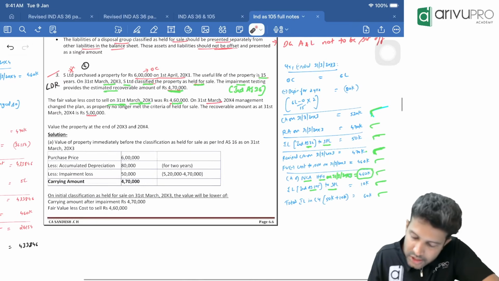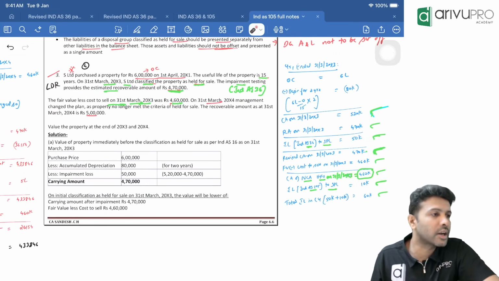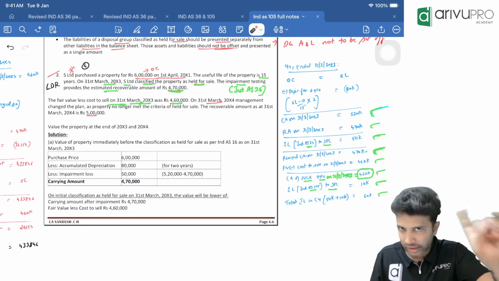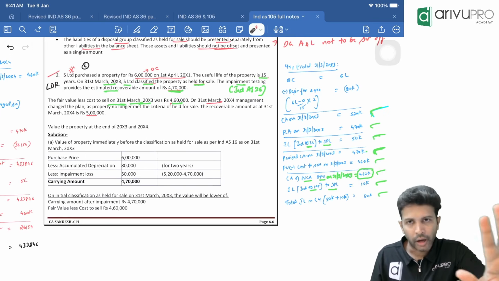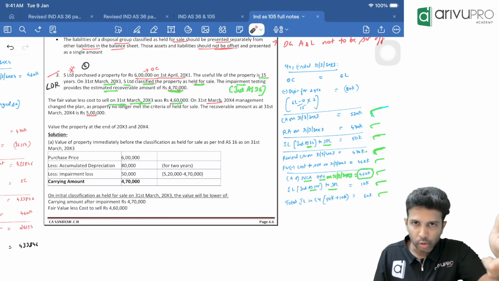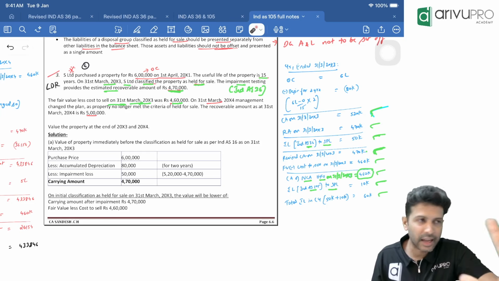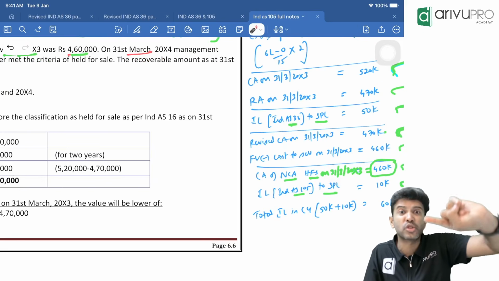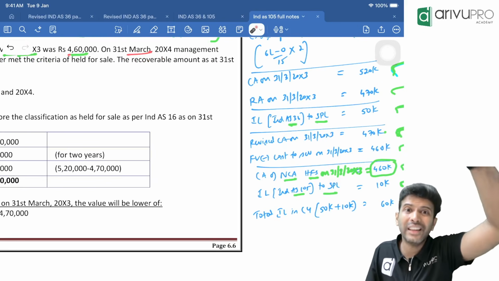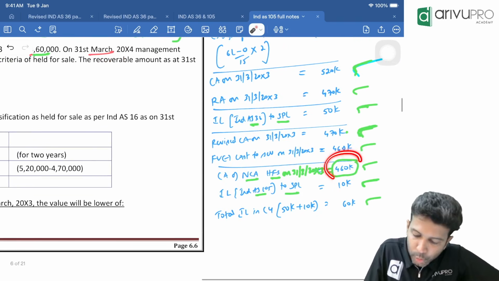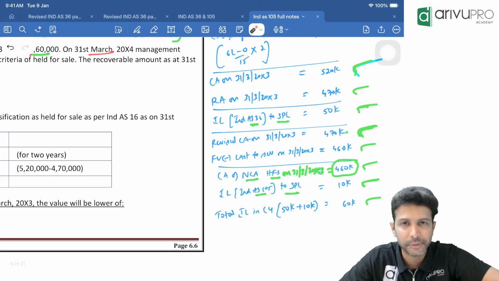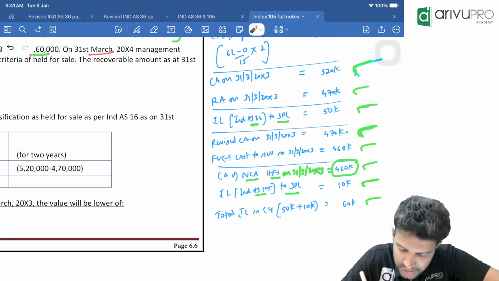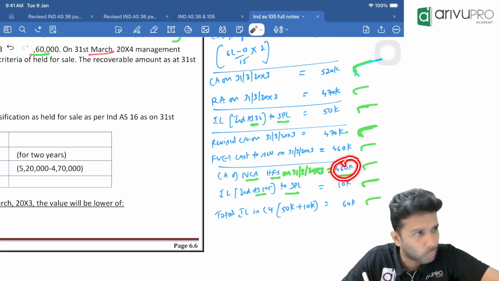Last year's closing balance will become next year's opening balance. Now, the existing carrying amount of non-current assets held for sale for the year ended 31st March 20x4, one year later, is also 460. Do you agree with my statement? For the first year ended, the carrying amount was 460.